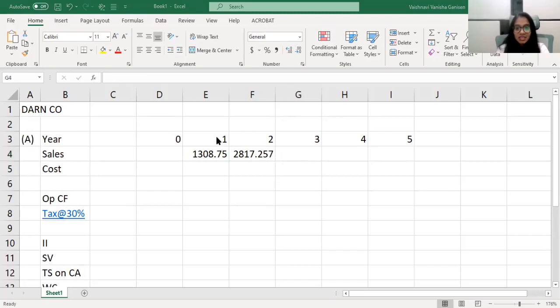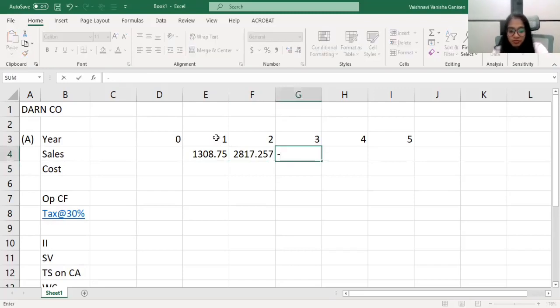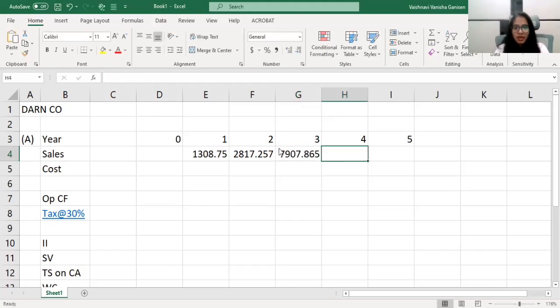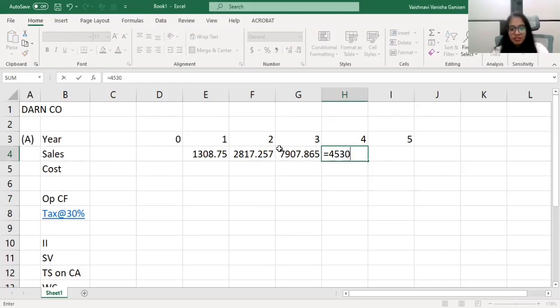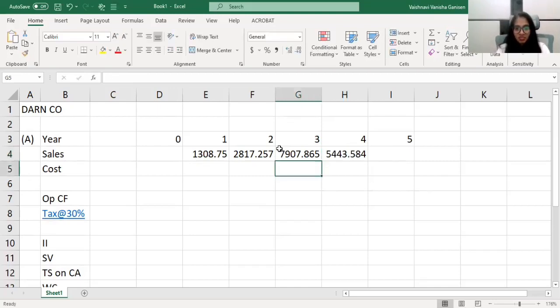And then 6890 multiply 1.047 to the power of 3. And year 4 is equals to 4530 multiply 1.047 to the power of 4.